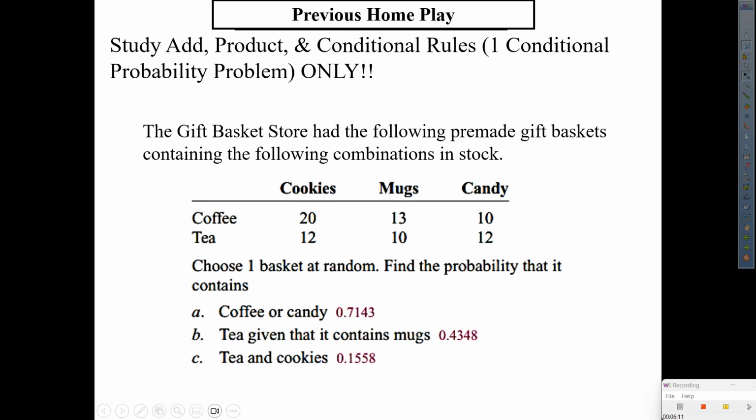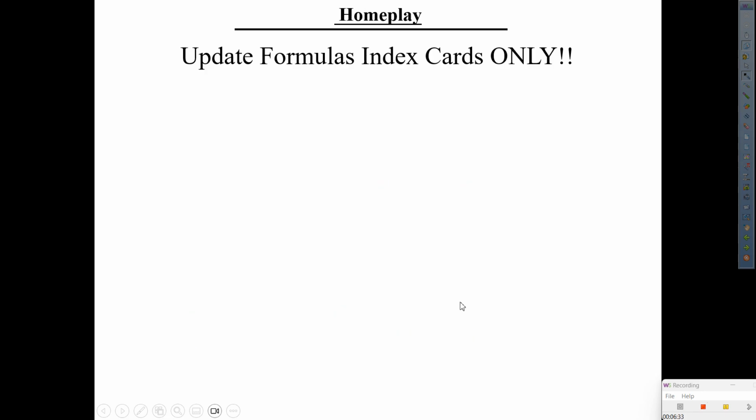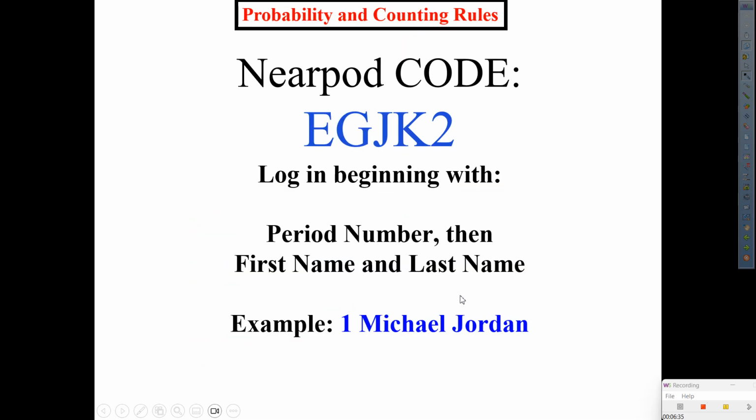Let's go. So with that said, copy this code, please. EGJK2. EGJK2 is going to be this presentation that we're going to do right now. It's a guide for tomorrow.